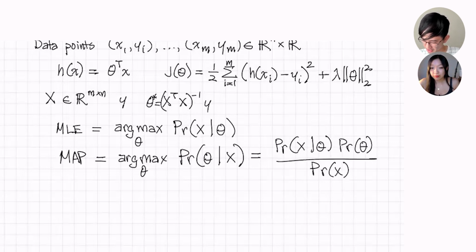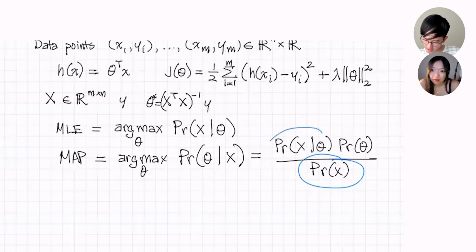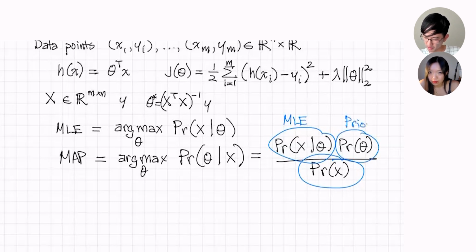Now, the probability of x is a constant here. There's nothing we can do about it, right? We're learning a model theta. We can't change that. But the top part we do have control over, and we see here that this is just MLE, and then this thing here is a prior distribution over theta. And that means that this is a generalization of MLE because the probability of theta could always be the uniform distribution, in which case we get exactly the MLE.